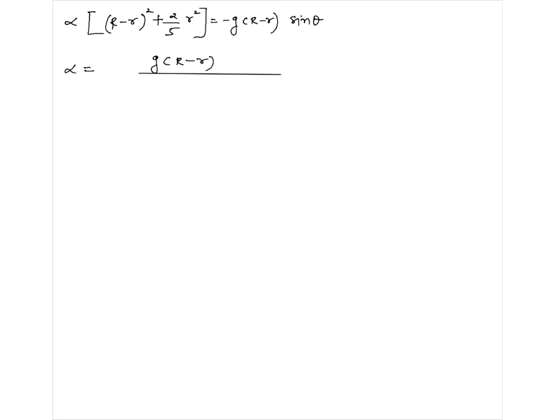But the question says small oscillation. So taking sine theta as theta, putting approximate sign in place of equal to sign, now you can see we are done.